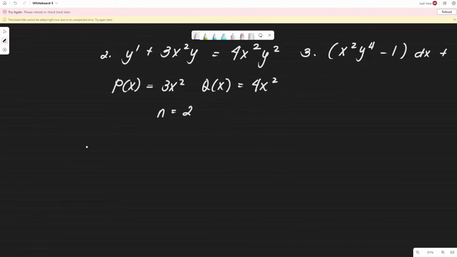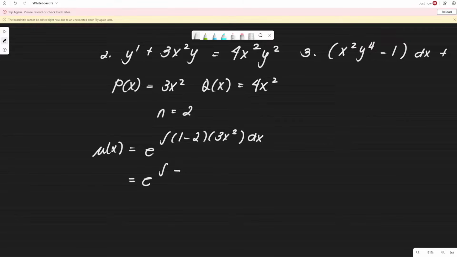So just get the integrating factor. So you have e raised to the integral of 1 minus 2 times 3x squared dx. Okay, so we'll have e raised to the integral of negative, 1 minus 2 is negative 1. So negative 3x squared dx.